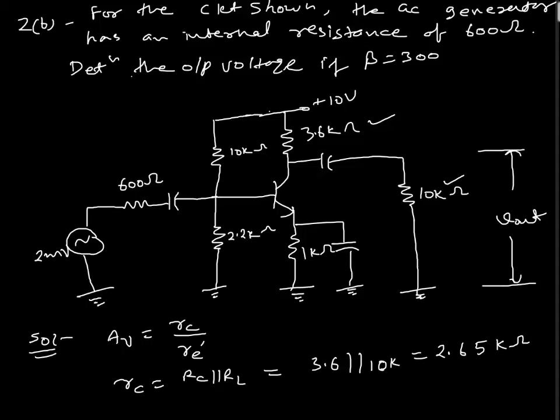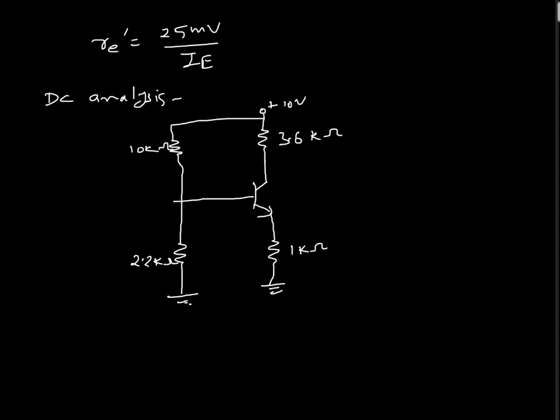Okay, now this voltage is VB, this voltage is VBE, this voltage is VE, and this current is the emitter current. So the first part of the DC analysis is finding VB, which is R2 divided by R1 plus R2 into VCC.